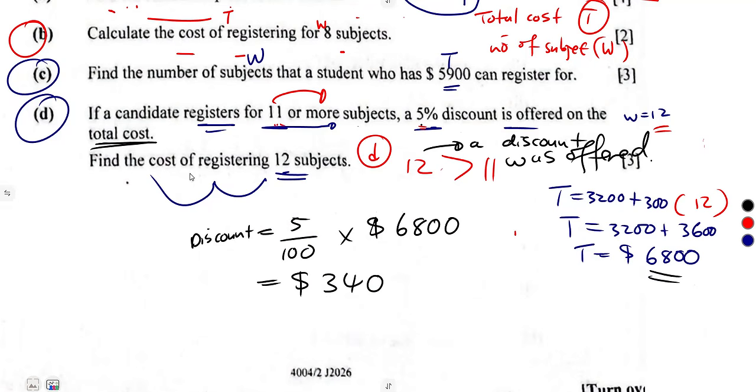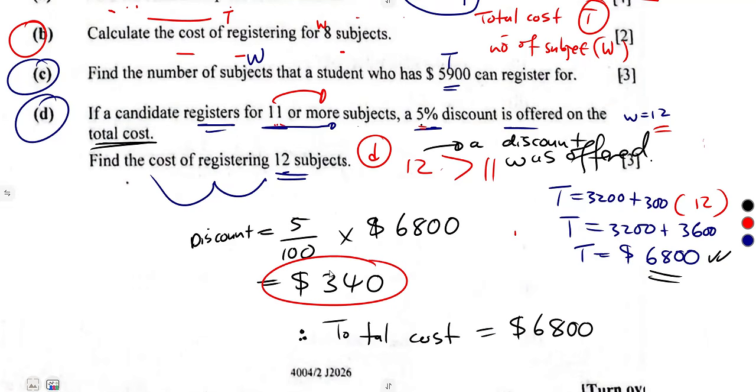So therefore, our total cost now: we were supposed to pay 6,800, but there is a discount. A discount is removed, so you subtract that 340, the discount here.